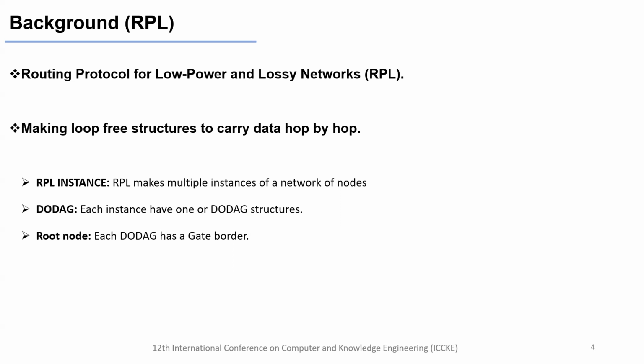Multiple applications may be required to be rendered on IoT nodes, and each may have different QoS requirements. Consequently, RPL makes multiple instances of a network. In each instance, nodes make one or multiple loop-free structures named DODAG, and each DODAG has a root node that connects the DODAG to the internet.